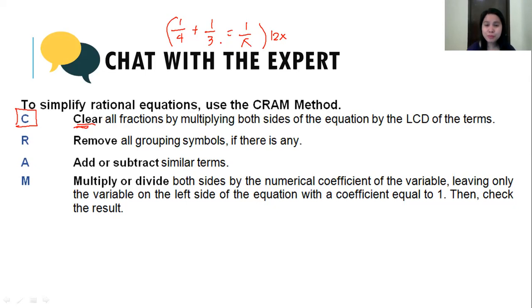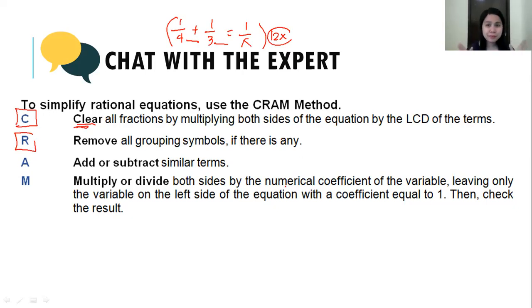So the first thing, my technique in doing the LCD is to multiply all the denominators. So 4 times 3 times x, that's 12x. So that will be our LCD. Next, R means remove. We remove all grouping symbols.